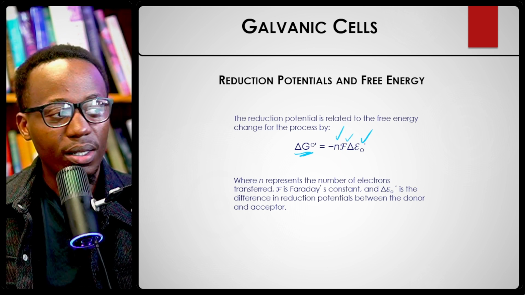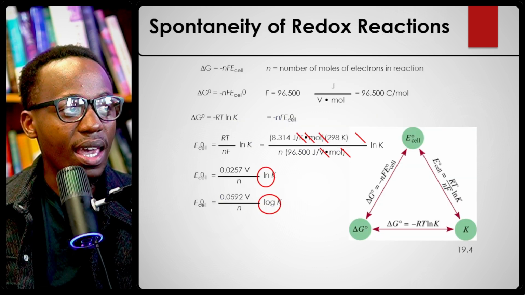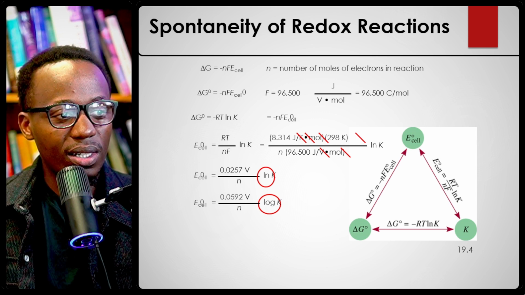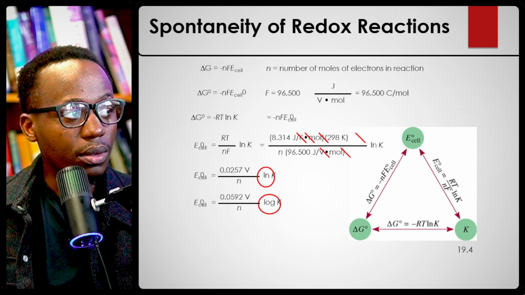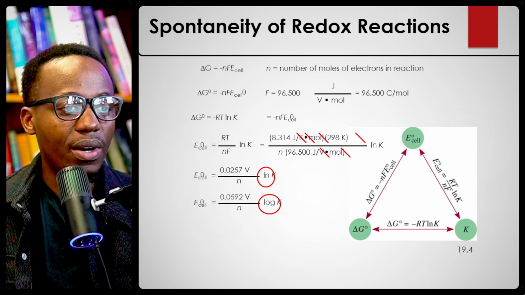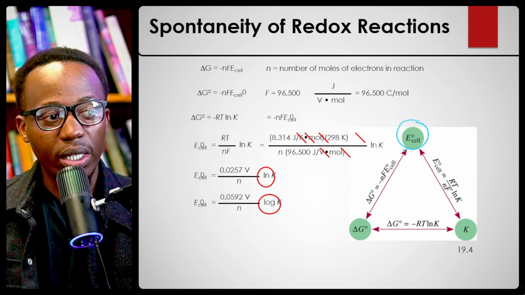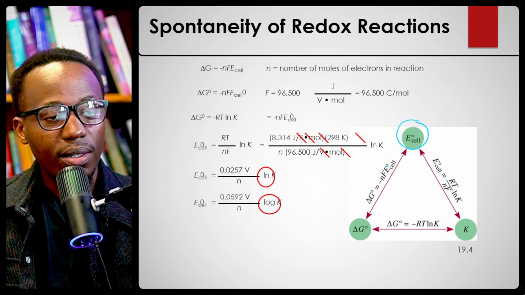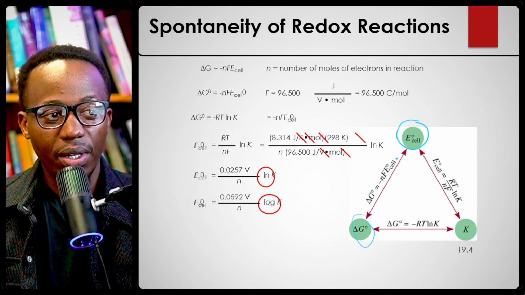And the number three thing that you can calculate from this is K, which is the constant, right? If you remember the constant is K. So if you can find the electron potential from measuring it, or from calculating it, you can convert the potential into delta G, which is negative NFE.